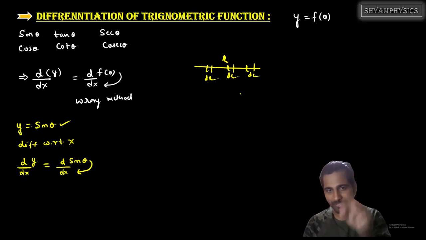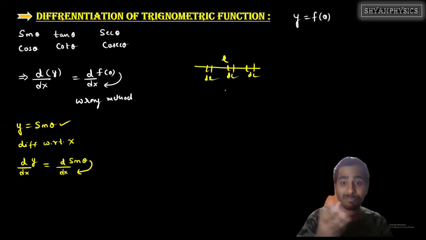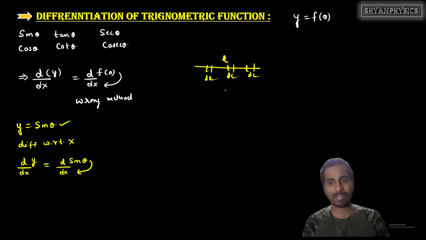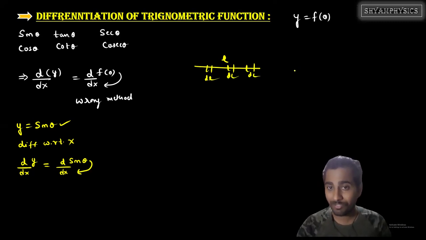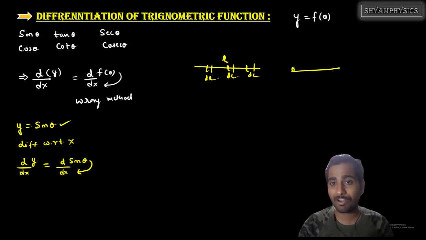Is it possible to differentiate this with respect to volume? No, volume is different, length is different. Is it possible to differentiate this mass? No, you can't take. Correct. Now, if you want to differentiate with respect to mass, I have to define this total mass as m, and the small mass present here as dm.